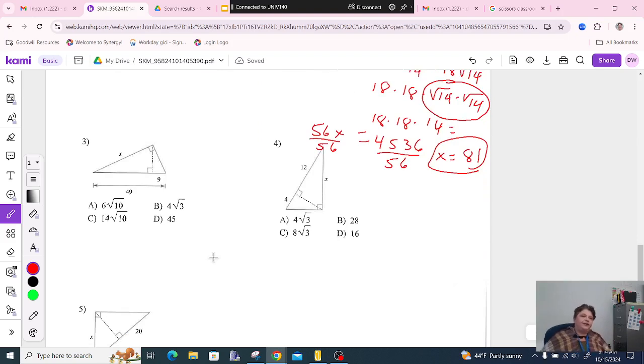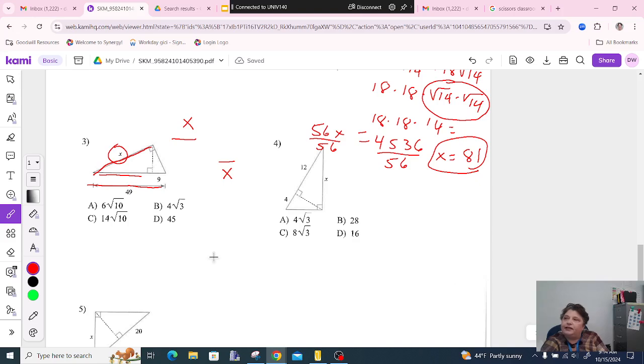So this one, though, I have to do a step before I can set up the proportion. Here's the geometric mean, right? It's on the outside. This is your geometric mean that you see on top and on bottom. But you use the side it touches and the whole thing. Well, the side it touches, I don't have a number there. So how am I going to get that number? Yeah.